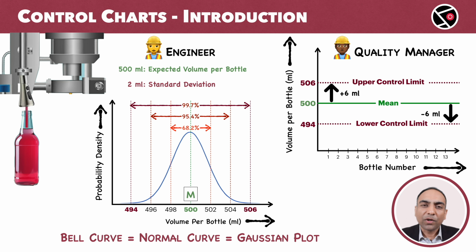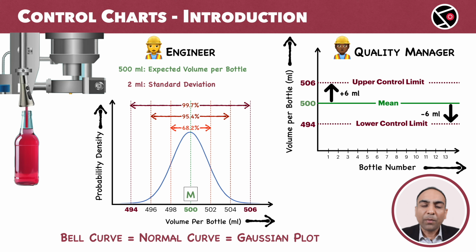It is common to consider 3 sigma for calculating the UCL and LCL. The idea is simple. If the process performs as expected, almost all the outcomes, 99.7% approximately, are expected to lie within these two limits, UCL and LCL. Anything outside these limits is an abnormality and requires a careful assessment.